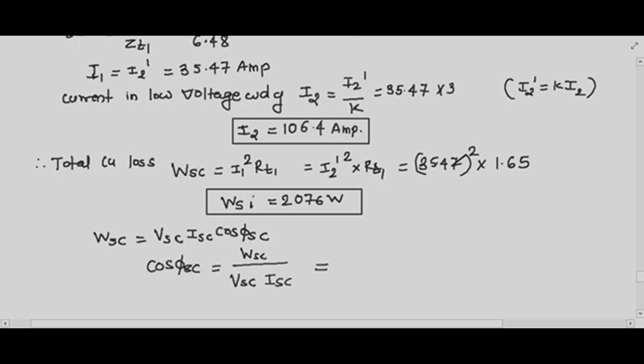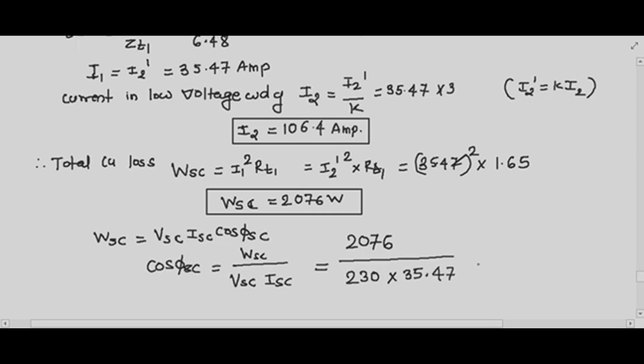WSC we got is 2076 divided by VSC. 230 volt we have applied across the high voltage winding when the low voltage winding is short circuited, into ISC, which is 35.47.